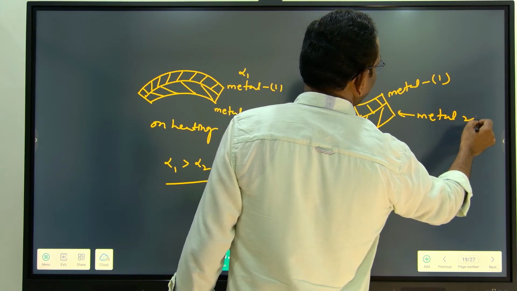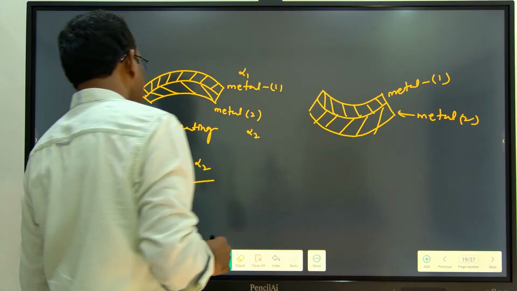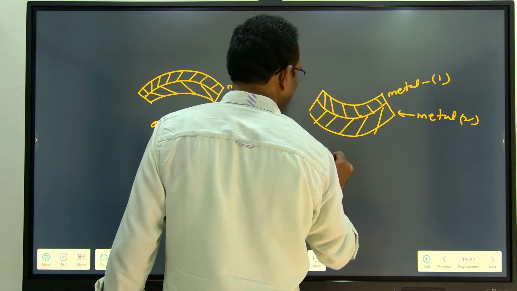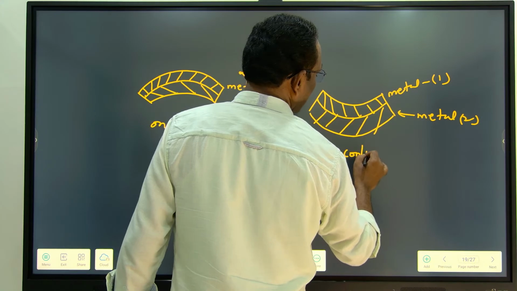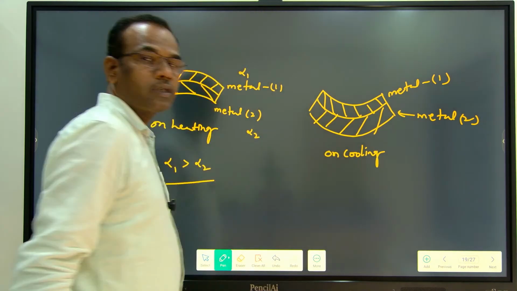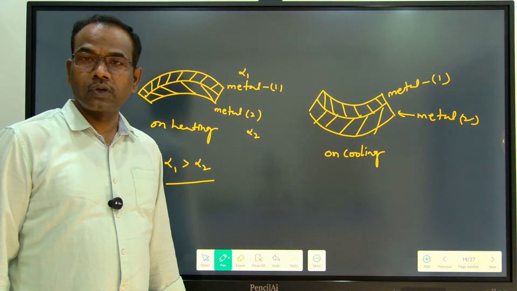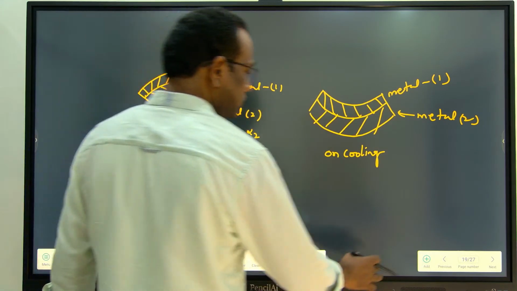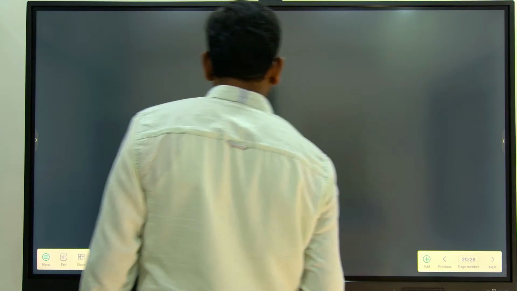Okay, cooling. On cooling. So these are the bimetallic strips. I am showing how they work.